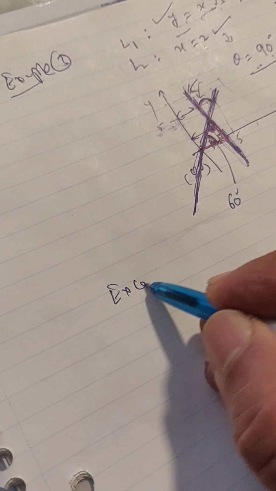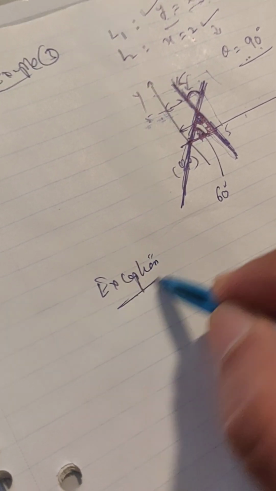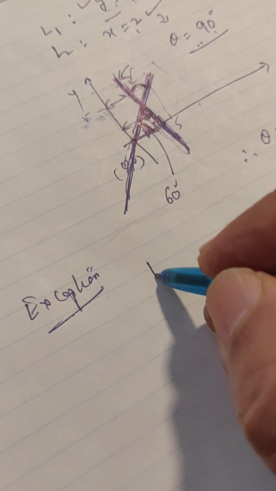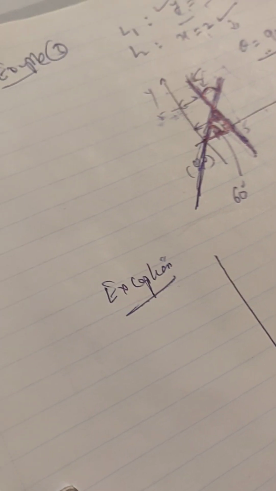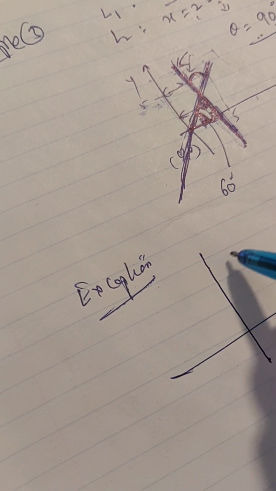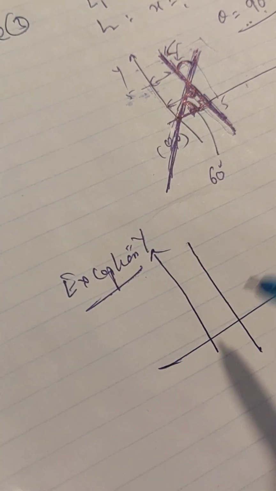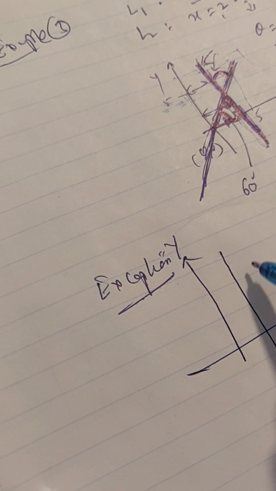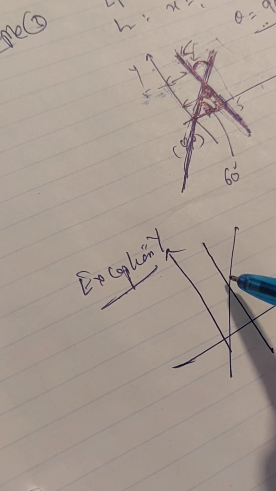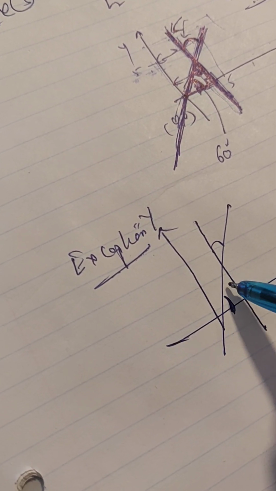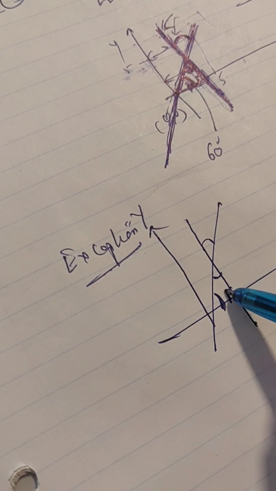So I have to take an exception, and that exception is if I have a line, a vertical line, that is parallel to my y-axis. So if I have to find out, I will find out this angle subtracted from 90 degree, because this is 90 degree.